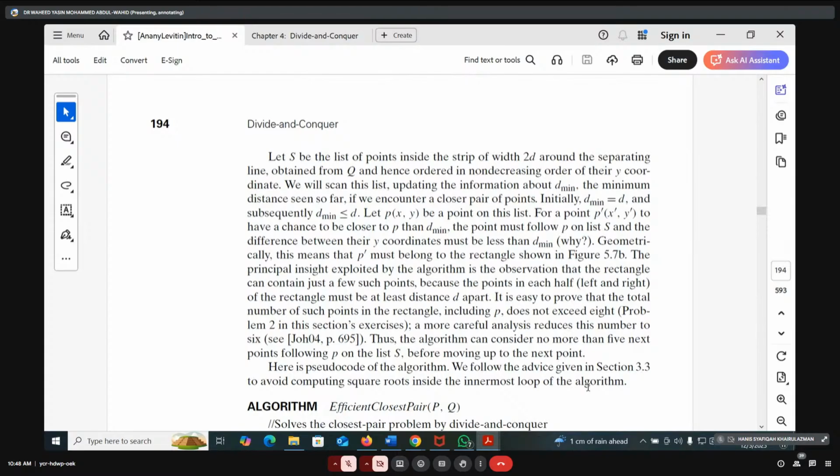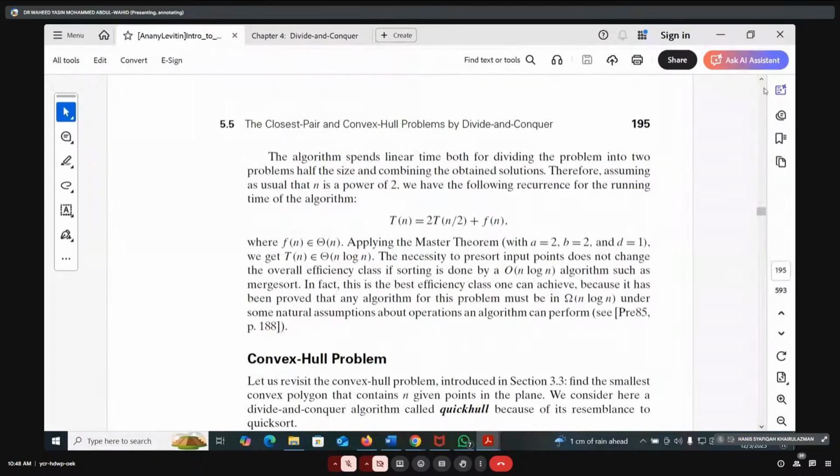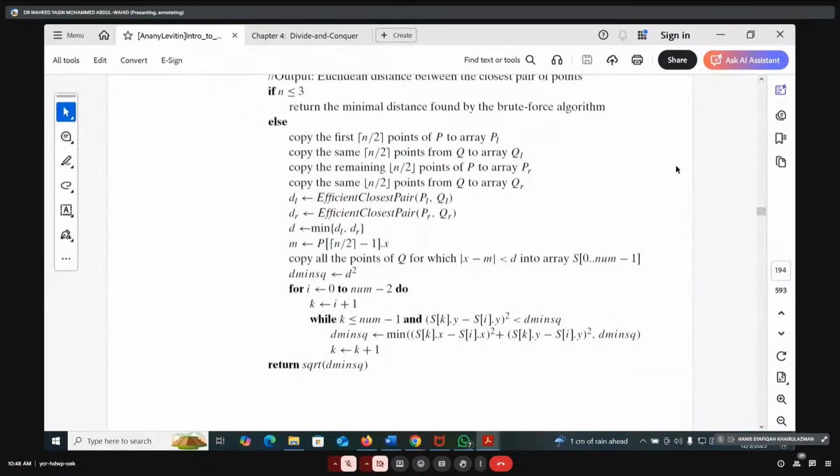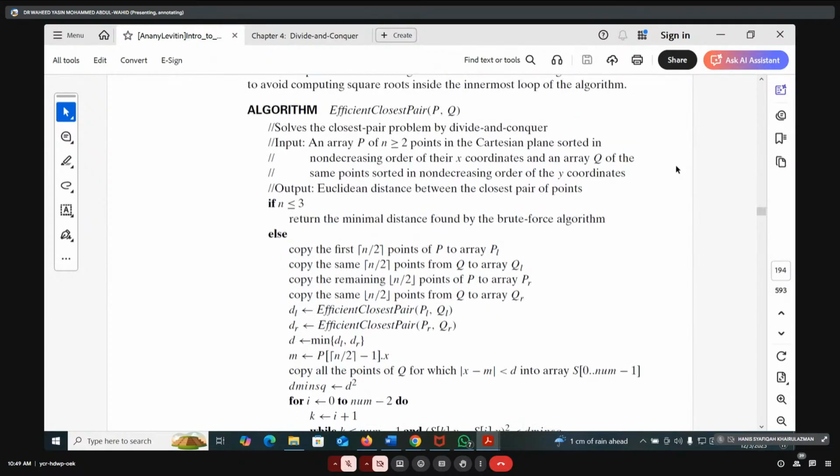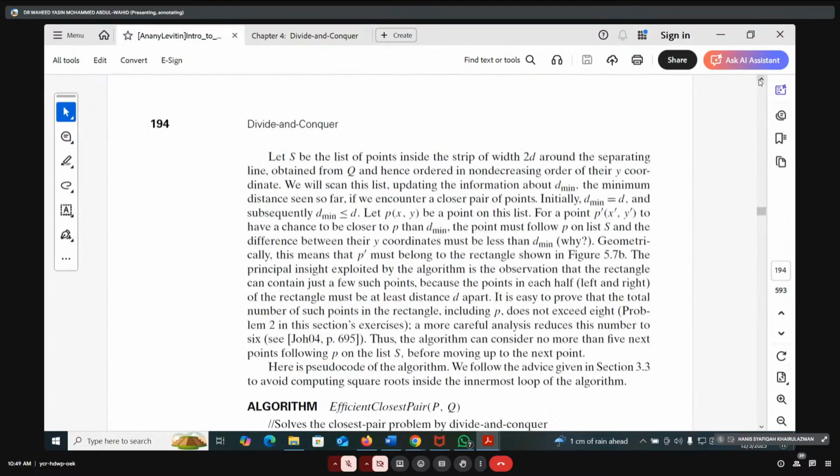Okay, this is the algorithm. As we said, we follow the device given in section 2 to avoid computing square root inside the innermost loop of the algorithm.